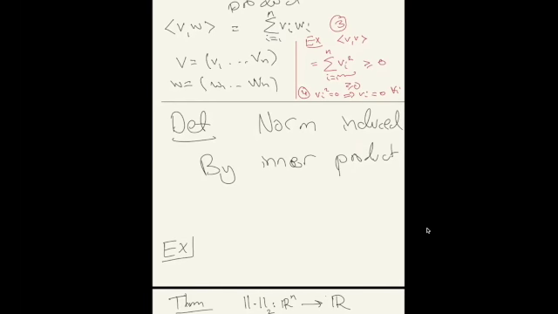Now, norms induced by inner products. Whenever you have an inner product, you can define a norm by taking the square root of the inner product of v with itself.